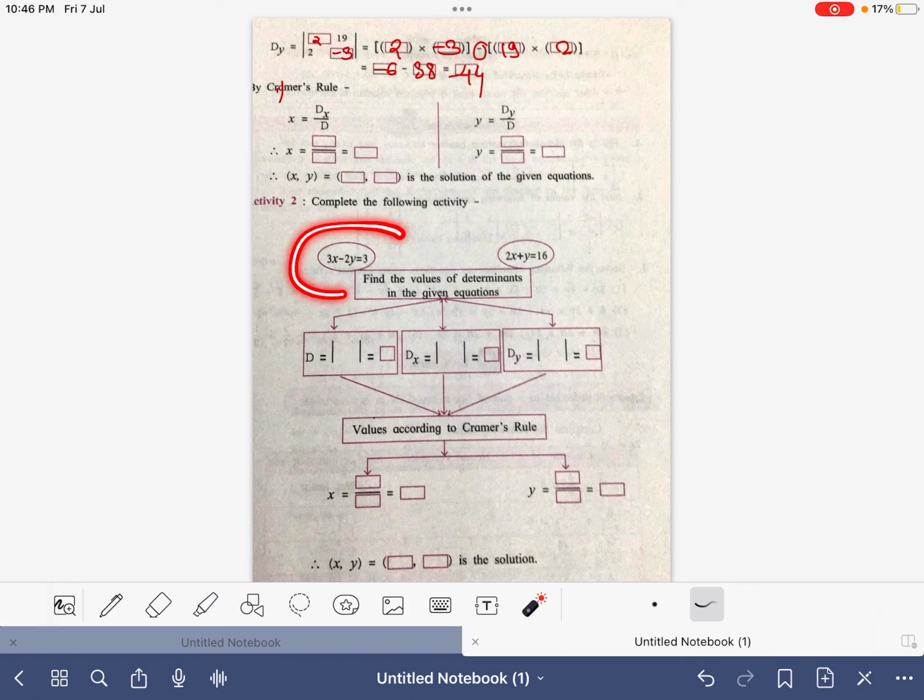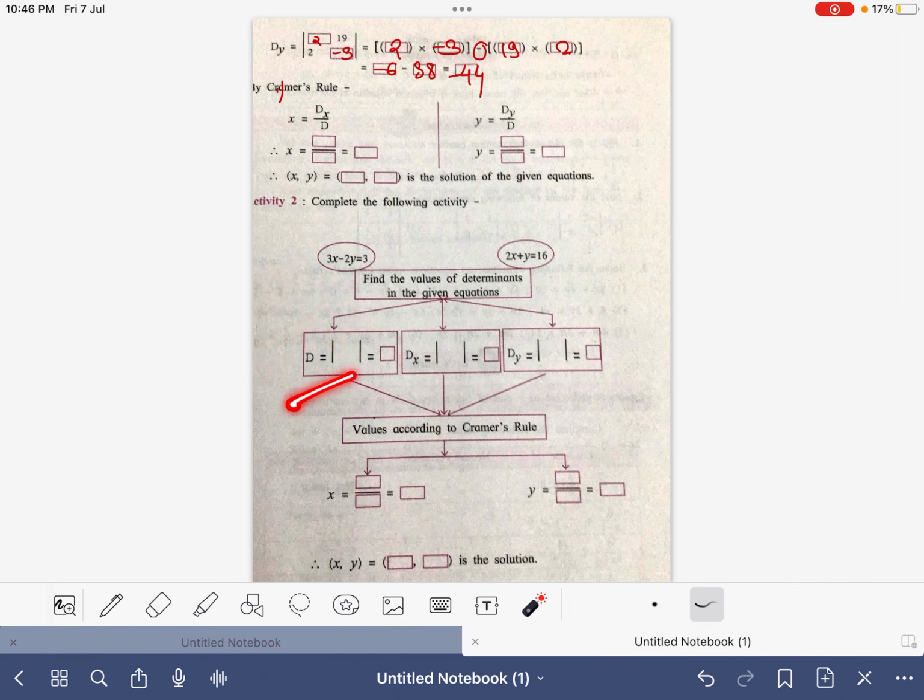Similarly, here is also an activity which is given to you, complete the following activity. Just assume this is the first equation and this is the second equation. Now calculate the values of a1 a2 b1 b2 c1 c2.